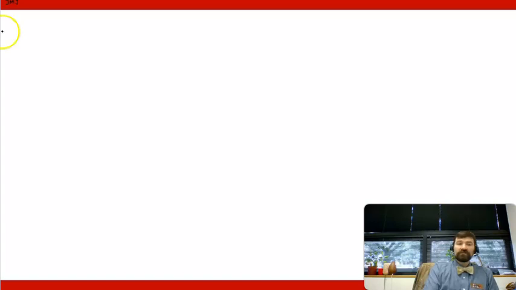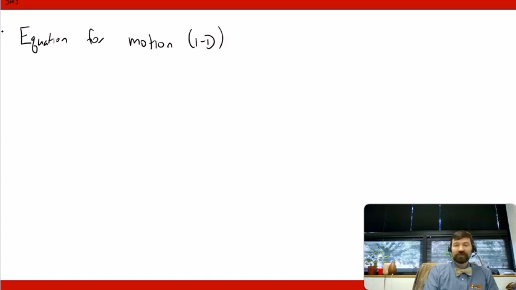What are the equations for motion with free fall? So equations for motion, 1D, of course, we're not to 2D motion yet. Basically, you have a bit of a choice in how you want to define things. We usually like to define up as positive and down as negative.